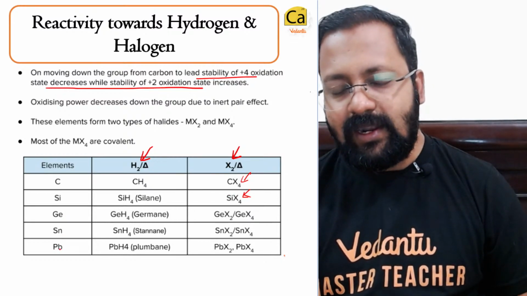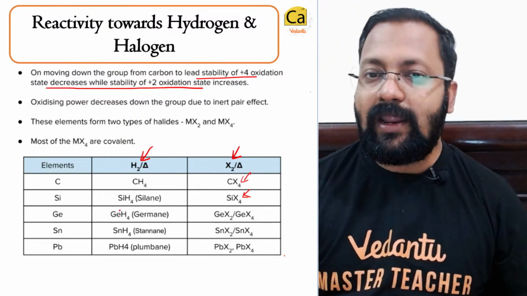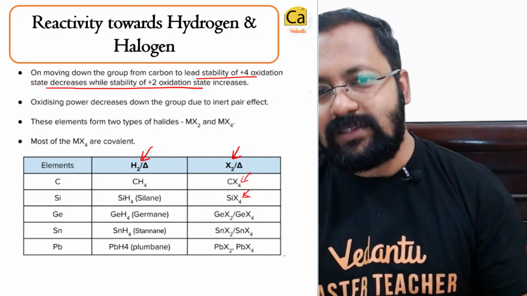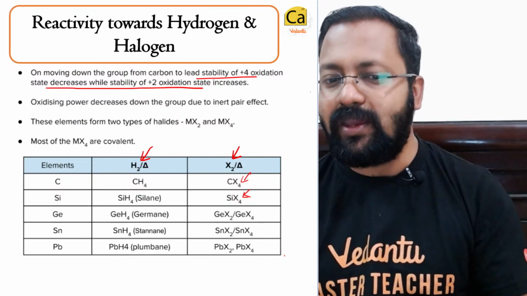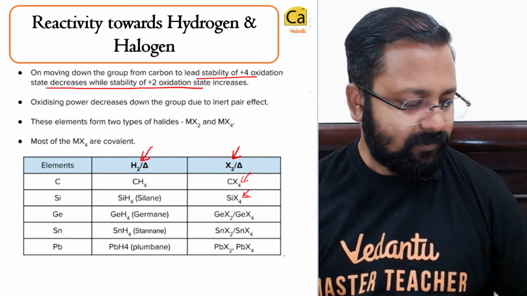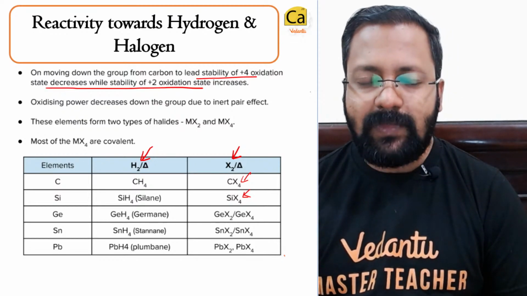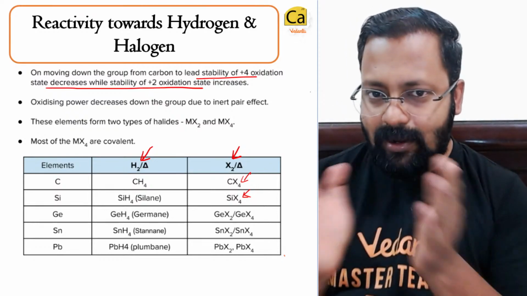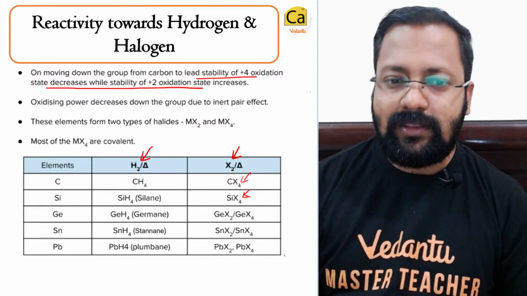Germanium, tin and lead can form +2 halide and +4 halide. So GeX2, GeX4, SnX2, SnX4, PbX2, PbX4. They can form these. Okay, so this is the last general chemical property that we have to study.